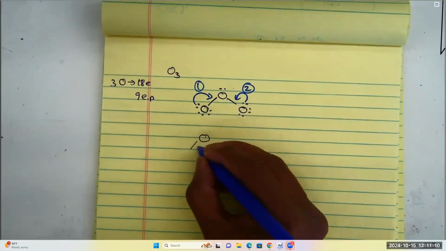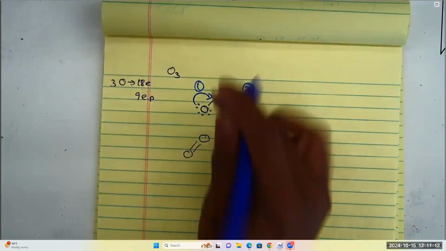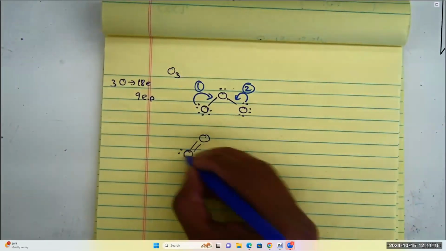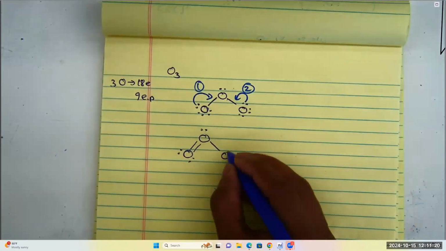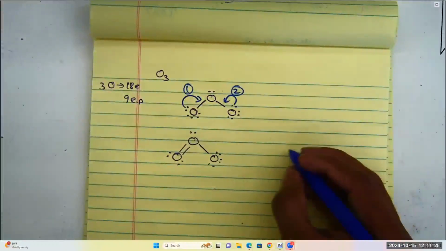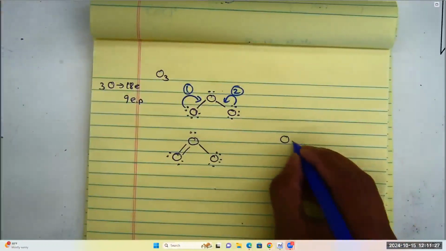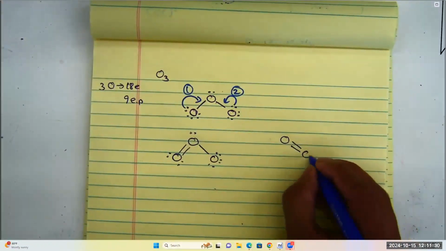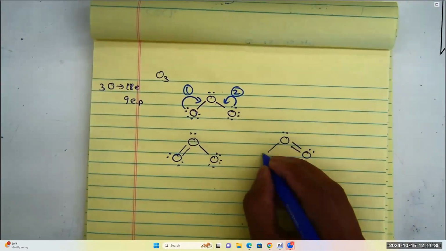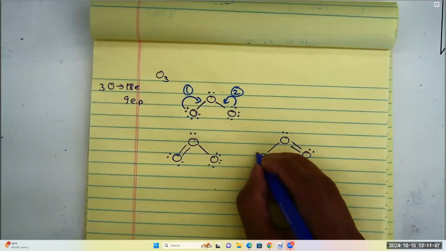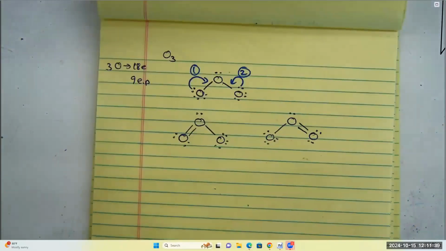We can have a double bond on the left-hand side if option 1 happens, giving rise to this Lewis structure, or if option 2 happens, then we're going to have our double bond on the right-hand side, like this. So we can draw two Lewis structures for the same chemical formula.